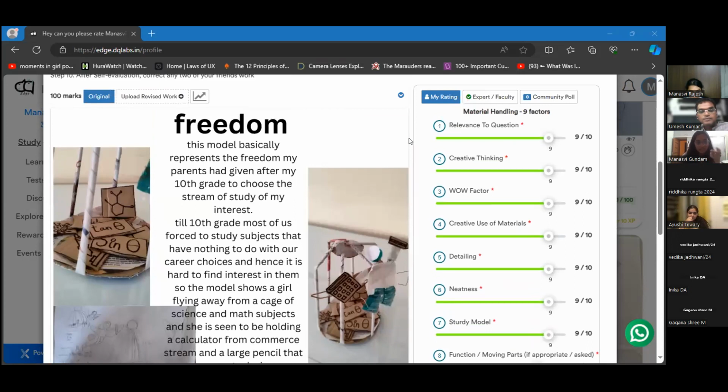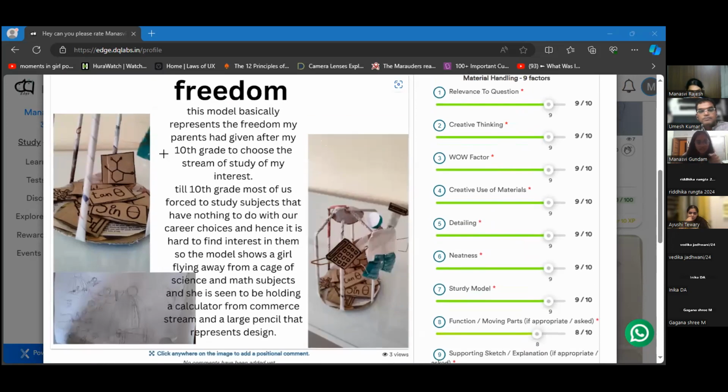So I showed all of the science and math related concepts in a cage, and a person flying out of the cage with a calculator to represent commerce, and I also did a pencil for design. So yeah, that's basically it.